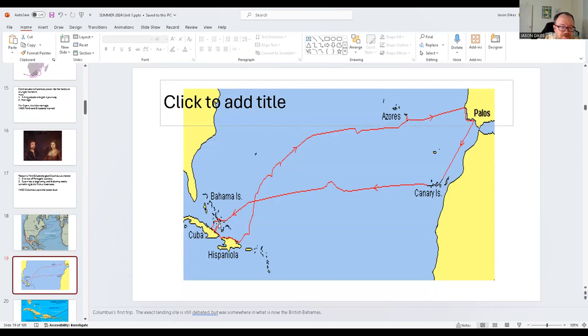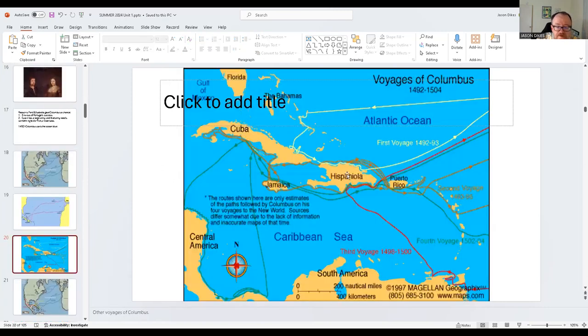He lands somewhere in the Bahamas, what's now British Bahamas. And then he kind of goes down to Cuba and flits around there, and then he leaves. Columbus returns in 1493. You can see the second voyage here.